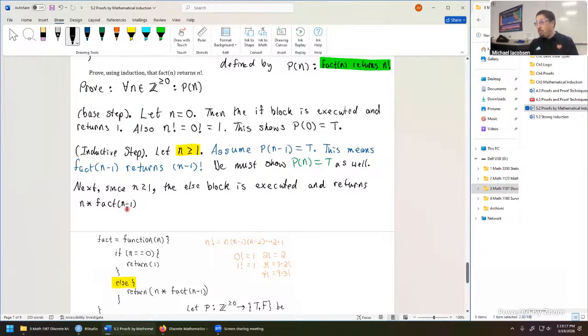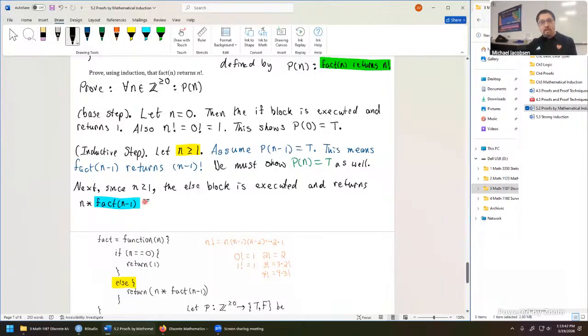But we don't have to work super hard because we know something about factorial n minus one. Wrong color coding, let me try again. And the inductive hypothesis here, when we assumed P n minus one is true, we're also assuming factorial n minus one returns n minus one factorial. So we can substitute that right here.